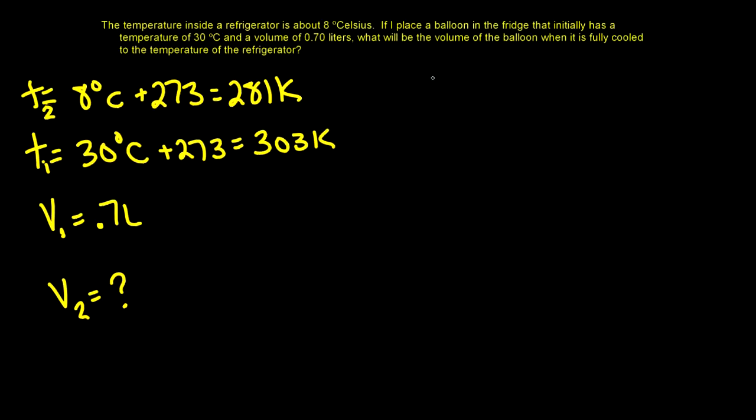Now we set up our formula. It was volume over temperature set equal to the second volume over temperature. Now just plug in. Volume 1 is 0.7. Temperature 1 is 303.